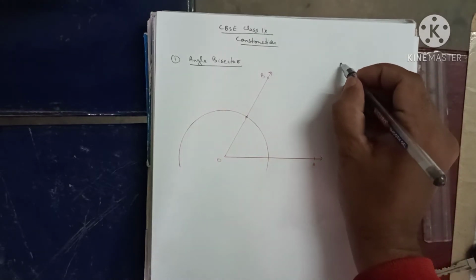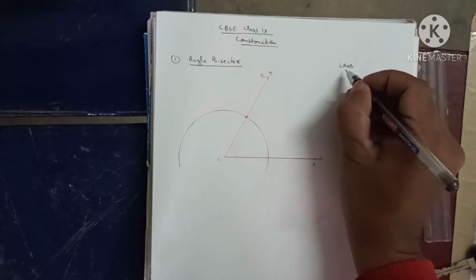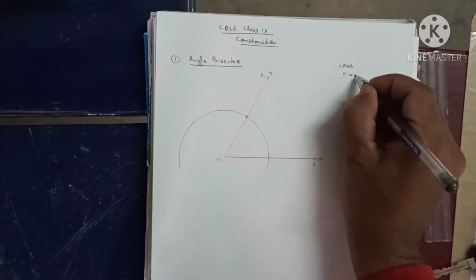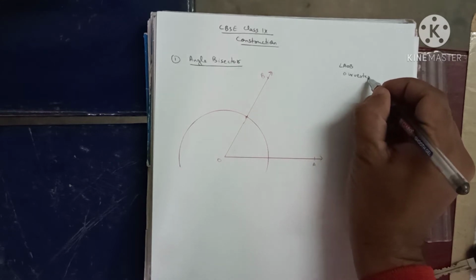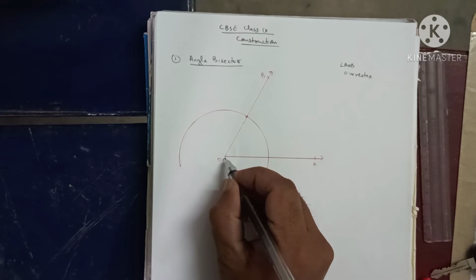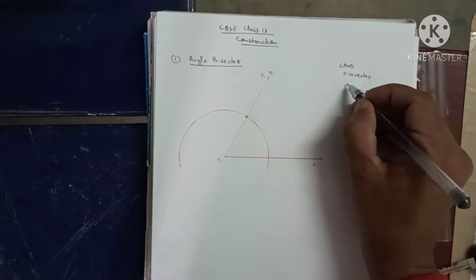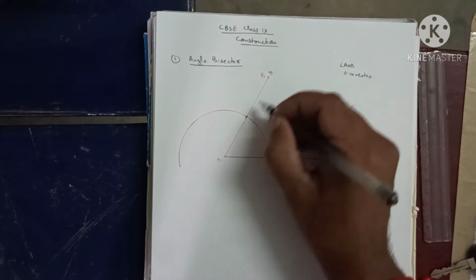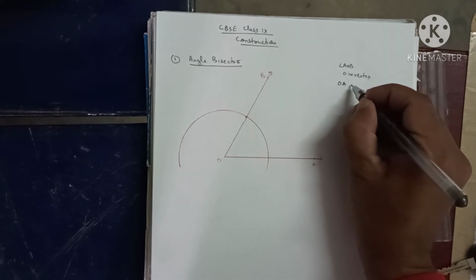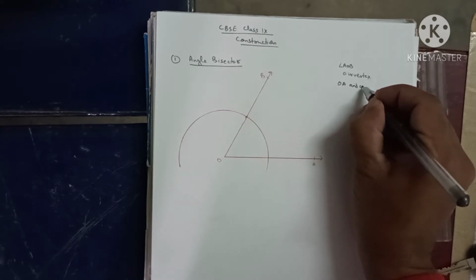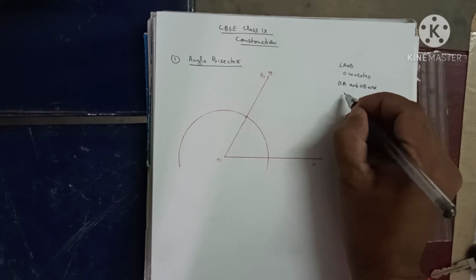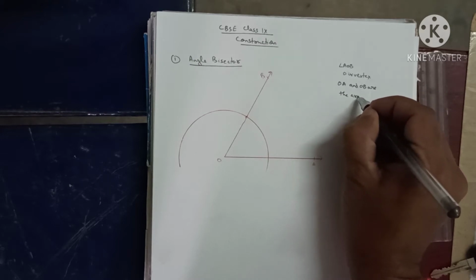O is called the vertex of the angle, and OA and OB are the arms of the angle.